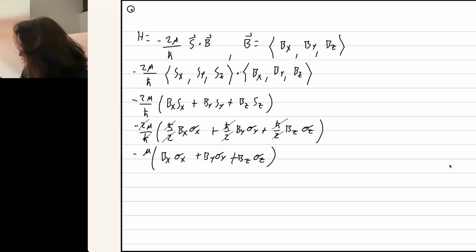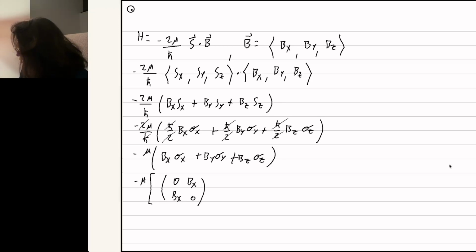That's gonna be cool. Running this in matrix notation, I'm gonna put this in brackets: 0 1, 1 0 is Pauli x, and Pauli y is 0 minus i, i 0, and then Pauli z is 1 0, 0 minus 1.